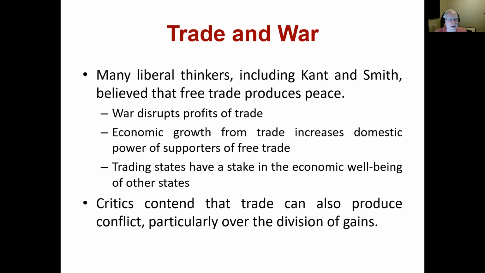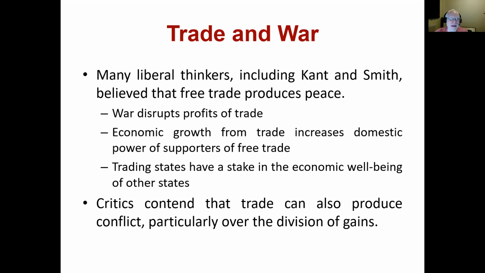Now, again, this is relatively anecdotal, but one of the highest periods of international trade in global history was among European states right before World War I. And it's at levels that rival international trade in the last few decades. And we ended up in a world war despite such high levels of trade.